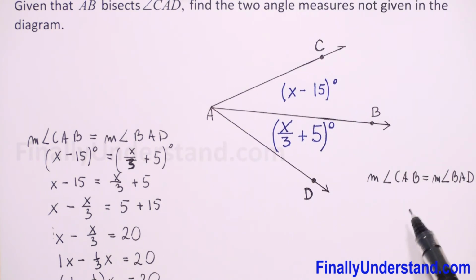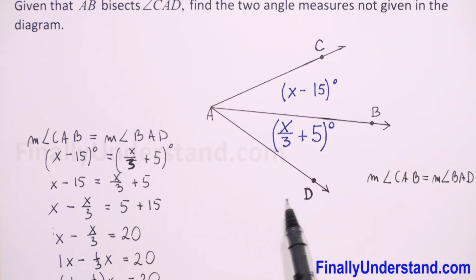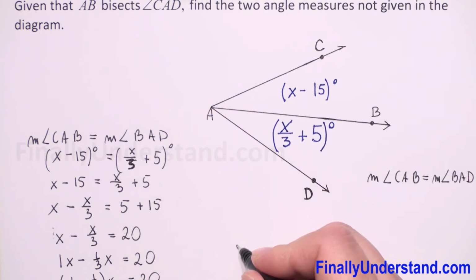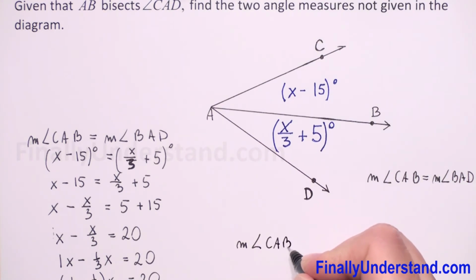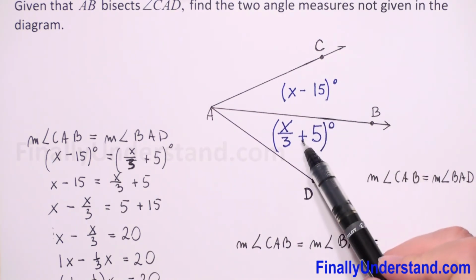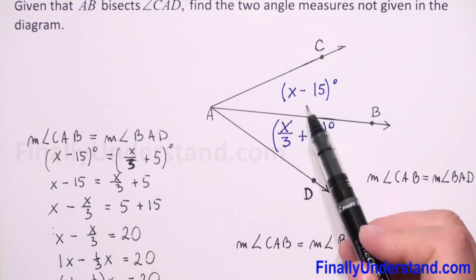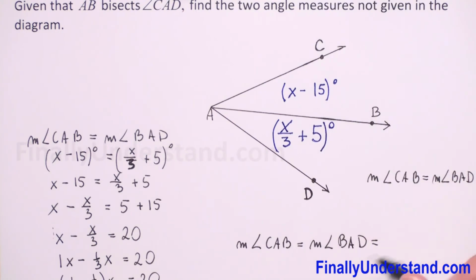So now we have to find the measures of our angles. We know that the measures of angles CAB and BAD are the same, so we can write that the measure of angle CAB is equal to the measure of angle BAD. You can choose one expression, this or this, it doesn't matter. Let's take this first because this doesn't have a fraction.